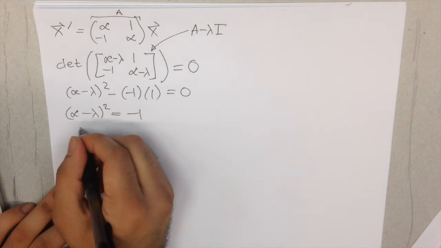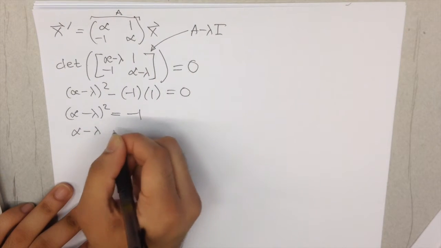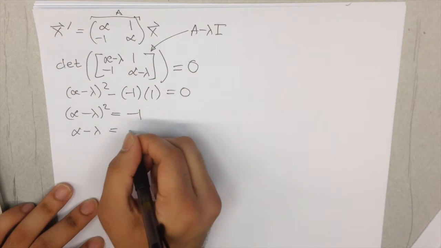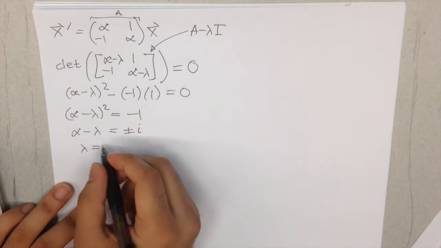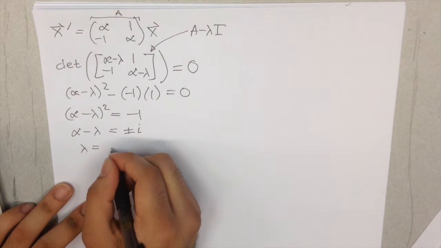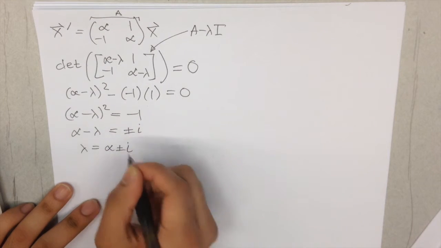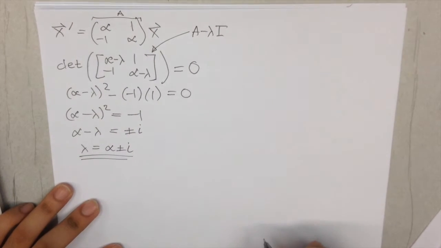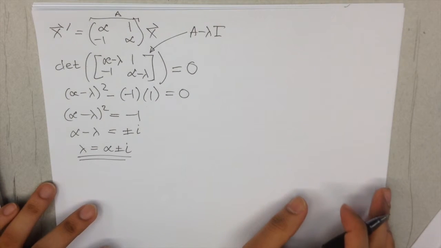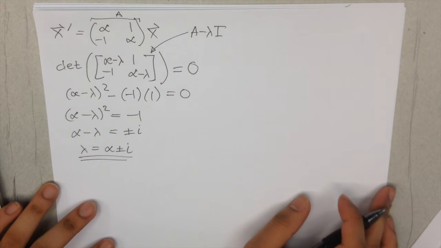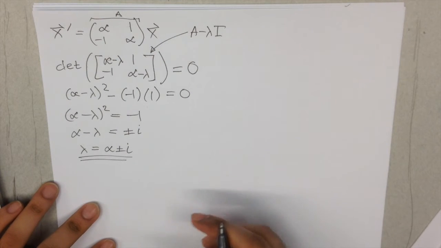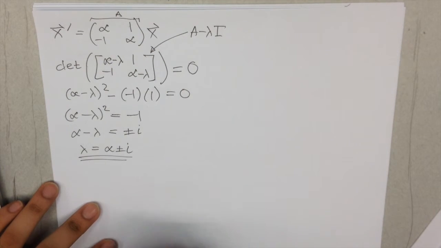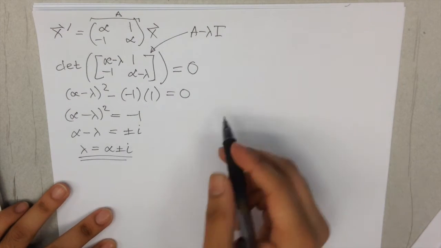If I square root it, when I solve for lambda, I get alpha plus or minus I. Now, I'm not actually going to go through and try to solve the eigenvectors. Those depend on the case, and that's not really what we're interested in. We want to know, how do our solutions change as we vary alpha?